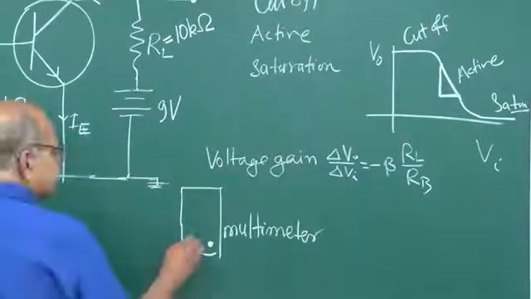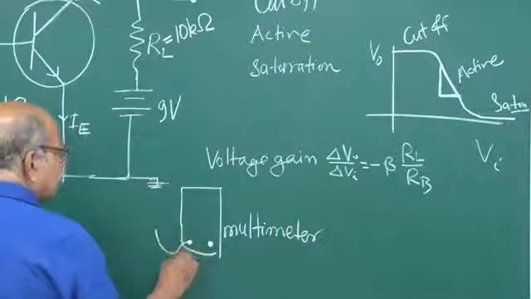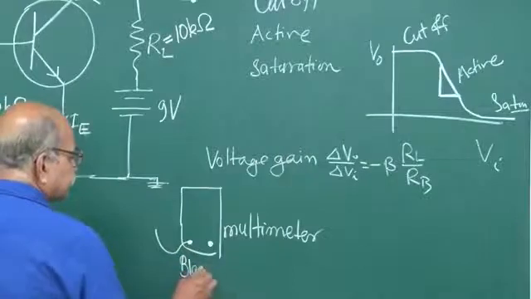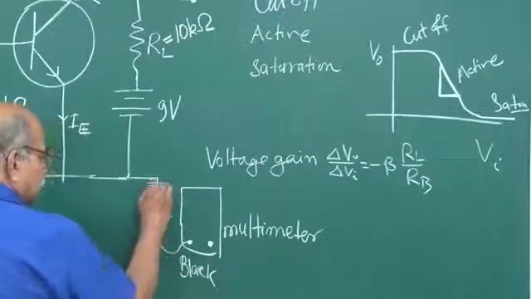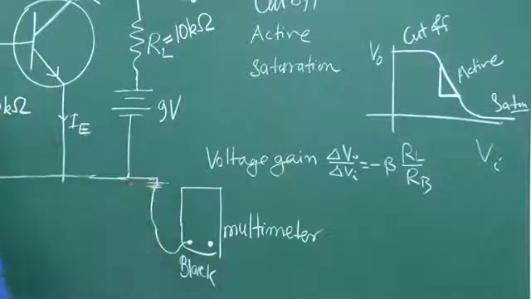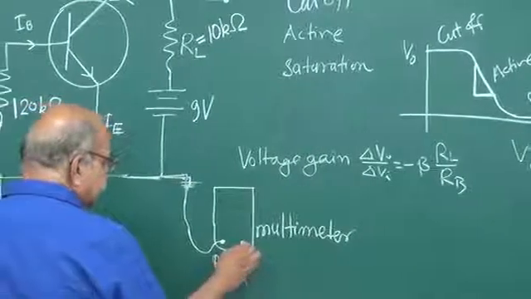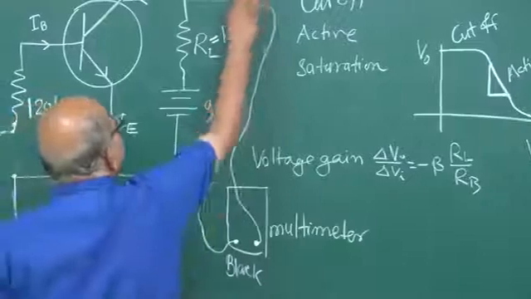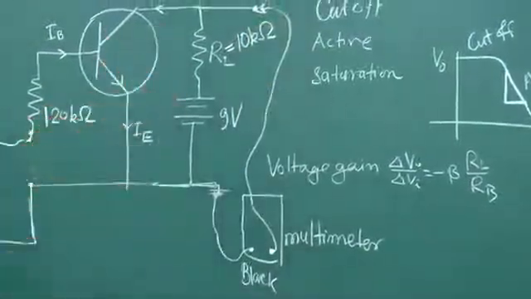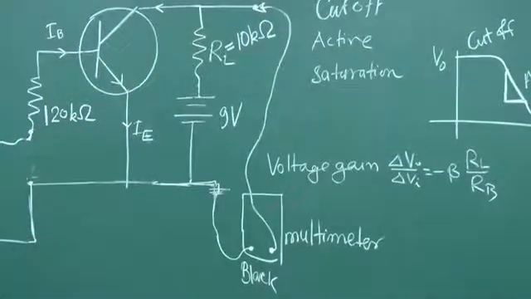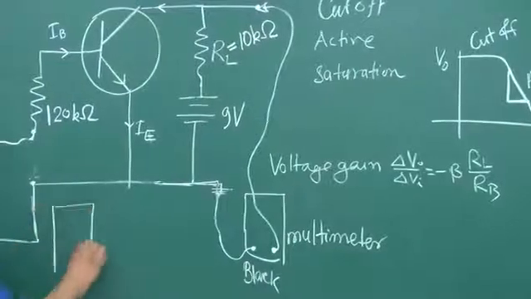So we will take a lead from here, and that black terminal will be connected to this 0 point, this line here. The other terminal will be connected here, so that it can measure this VO. Similarly, we have to measure VI, so we will take another multimeter.